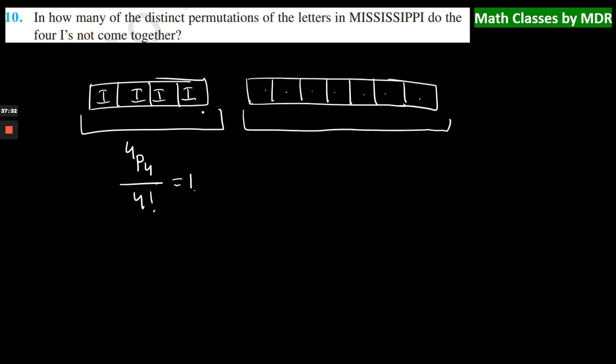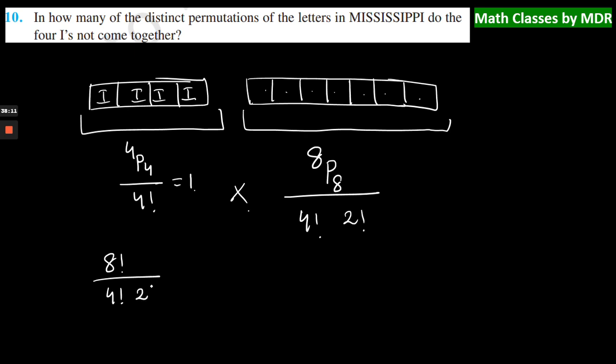That means there are a total of 8 letter permutations, so you can do 8 out of 8, and you can see the repetitive letters. What are the repetitive letters? S, S, S, S, that is 4 S's, so 4 factorial, and P, there are 2, so 8P8 by 4 factorial into 2 factorial, into 1, because inside the block of 4 there is only one way we can arrange them. So 8P8 is nothing but 8 factorial by 4 factorial into 2 factorial.